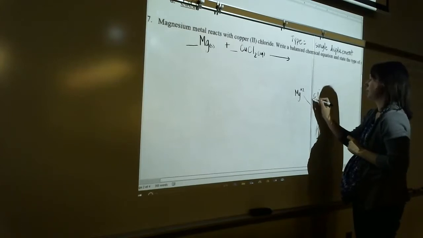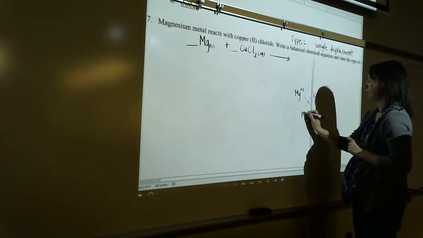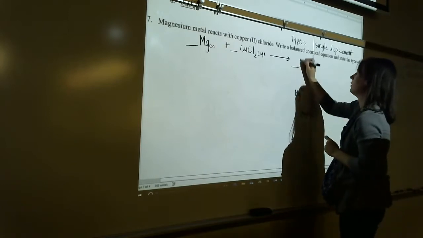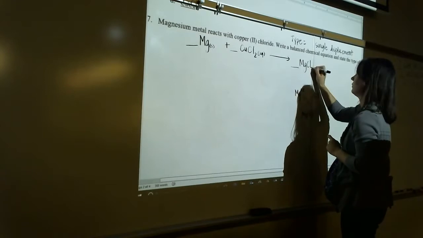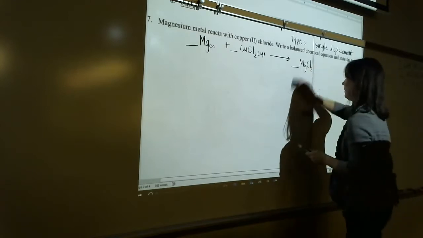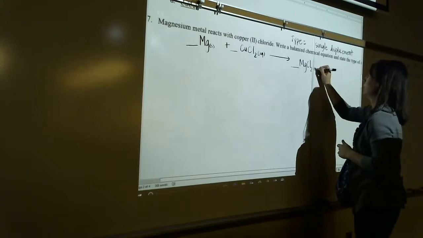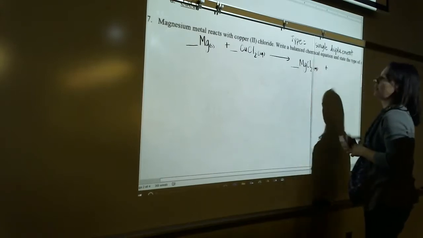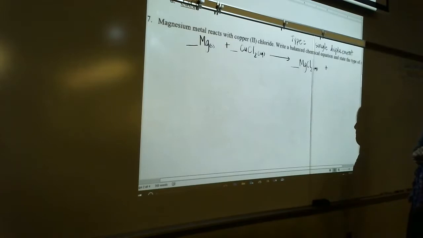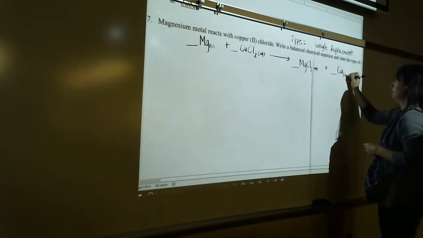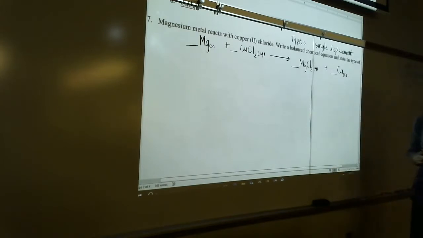So when we crisscross those, we get MgCl2, and that would be aqueous. What's our other product going to be? Just plain old Cu. Okay.